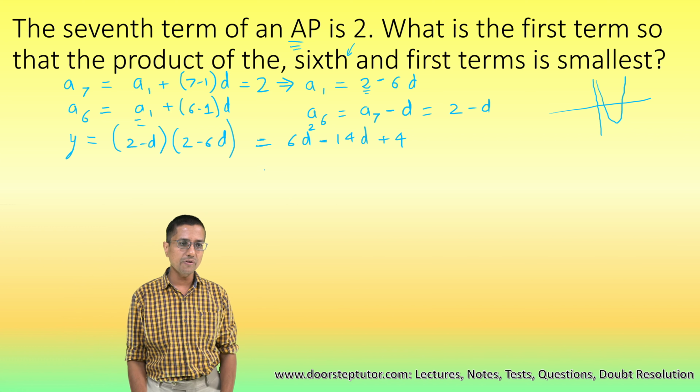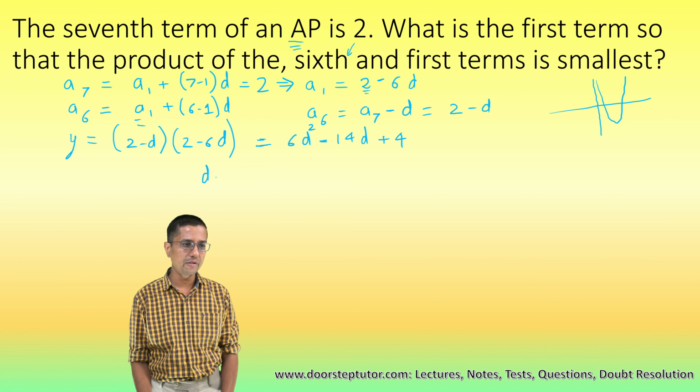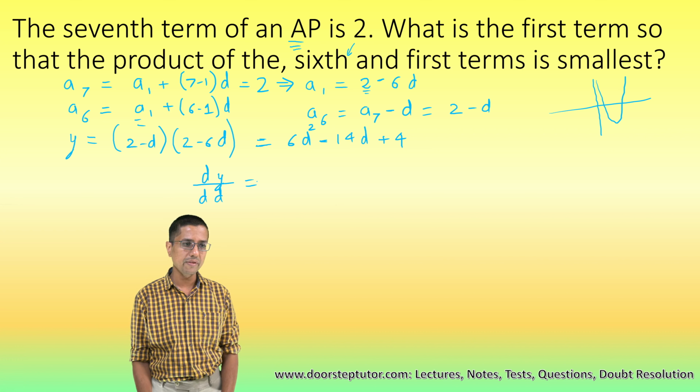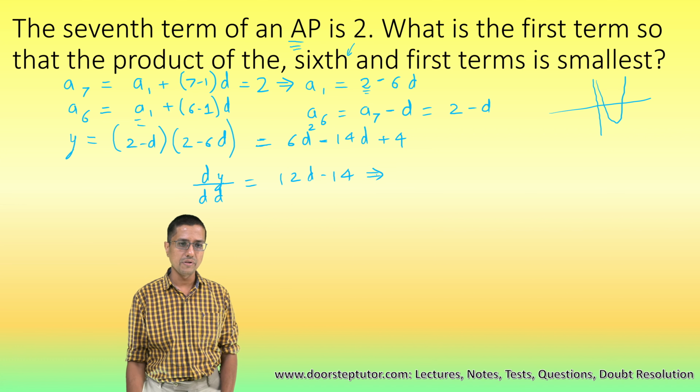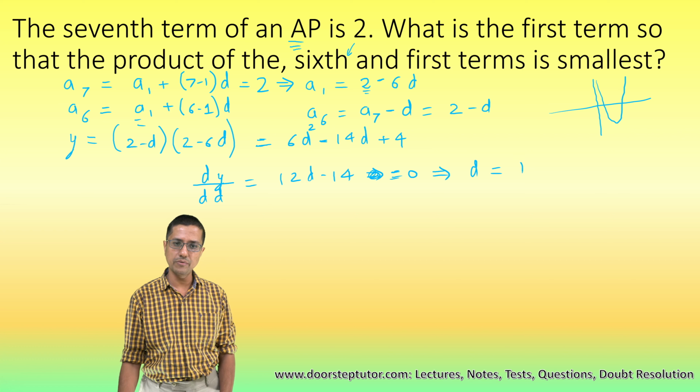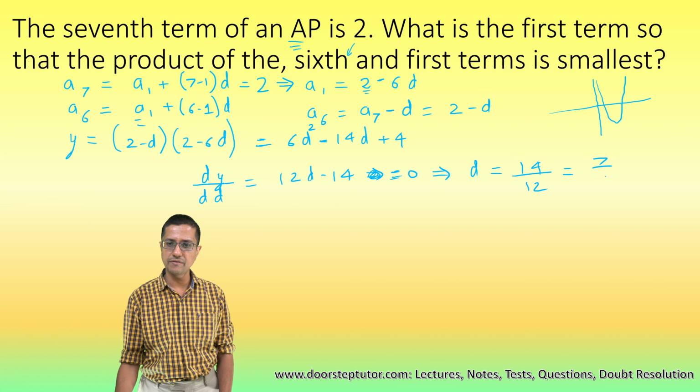So in this case, as soon as we find the derivative, we will try to find the minima. This will equal 12D minus 14, and this, of course, is equal to 0. I equate this derivative to 0, and this implies that my D will be equal to 14 by 12, and that is nothing but 7 by 6.